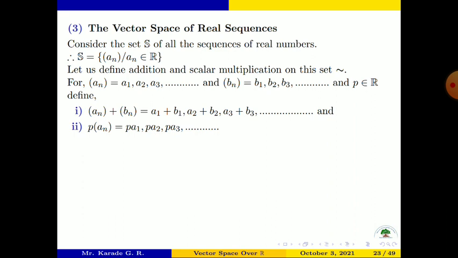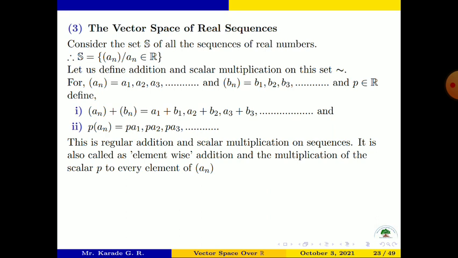Obviously the addition of two real sequences is a real sequence, and scalar multiplication of a real sequence is again a real sequence. Therefore closure property with respect to addition and closure property with respect to scalar multiplication both hold. This is regular addition and scalar multiplication of sequences. It is also called element wise addition and the multiplication of the scalar p to every element of a_n.